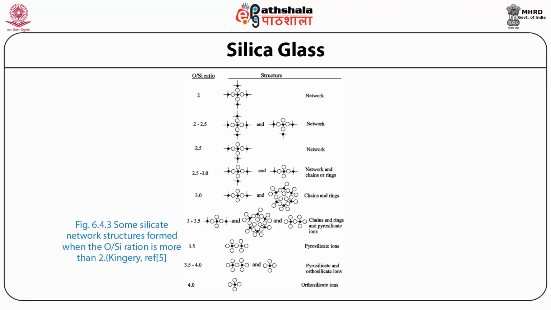This type of structure is a network structure. You can see the next example, which has an oxygen to silicon ratio of 3. This means that one silicon is shared by 3 oxygen, and this forms a chain or ring-like structure.